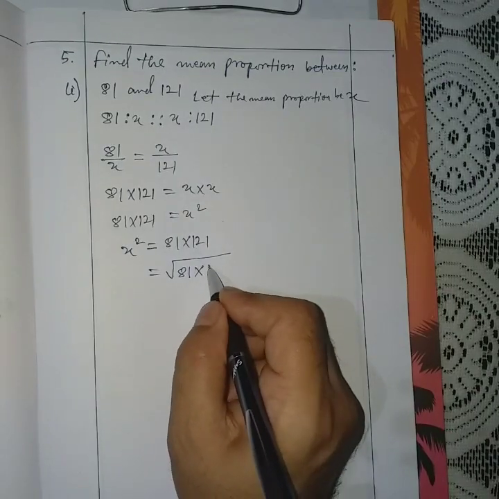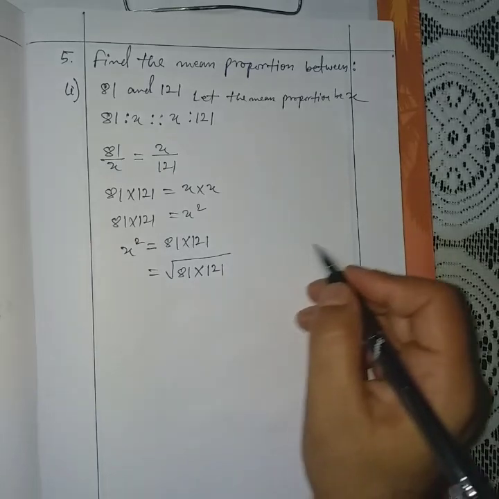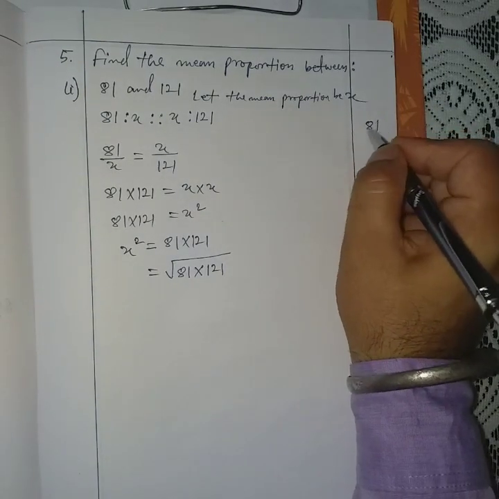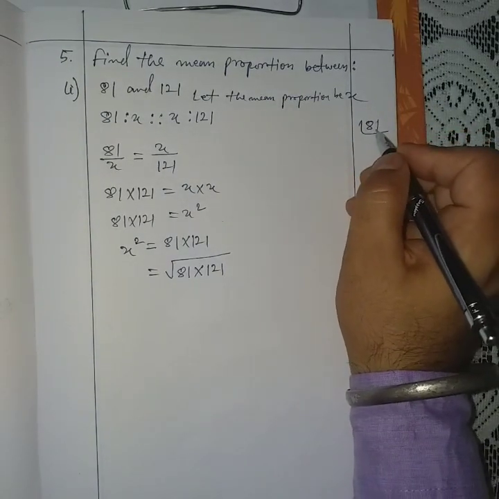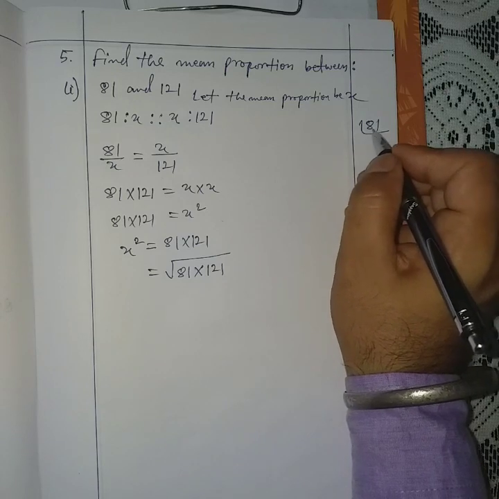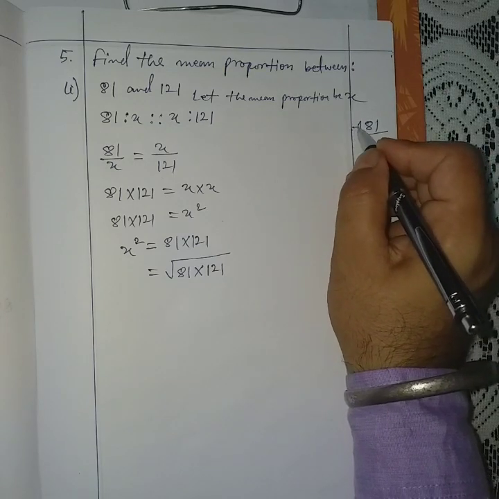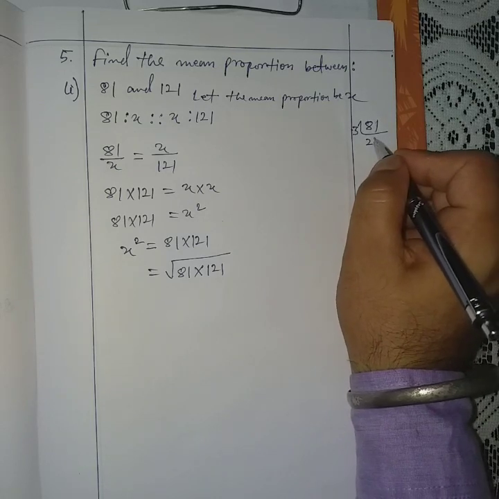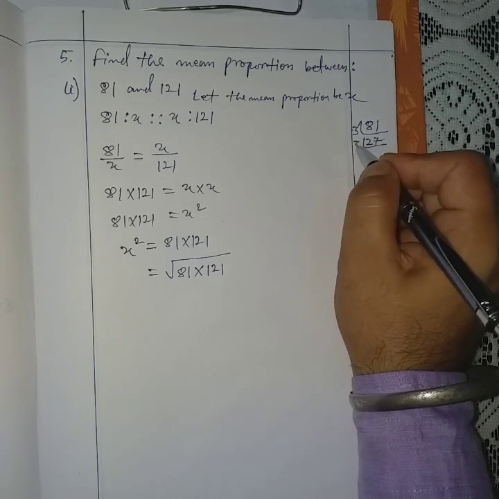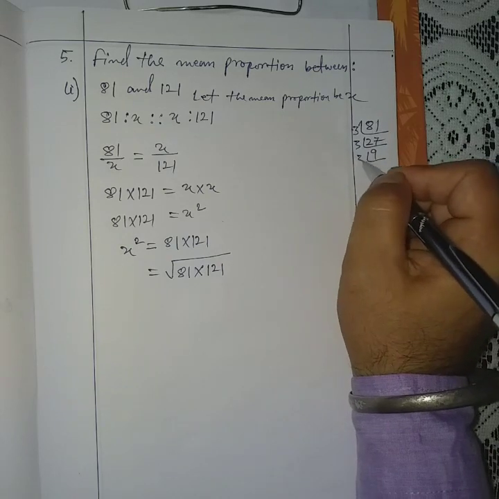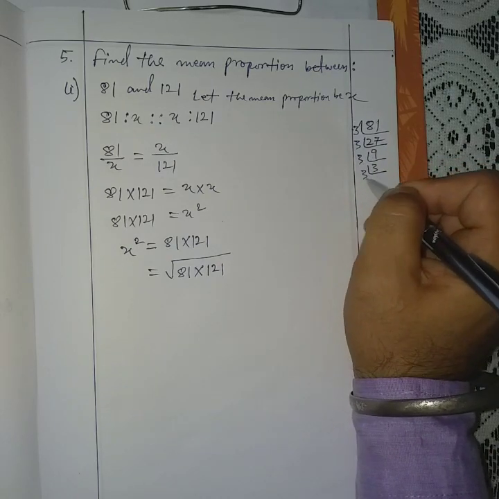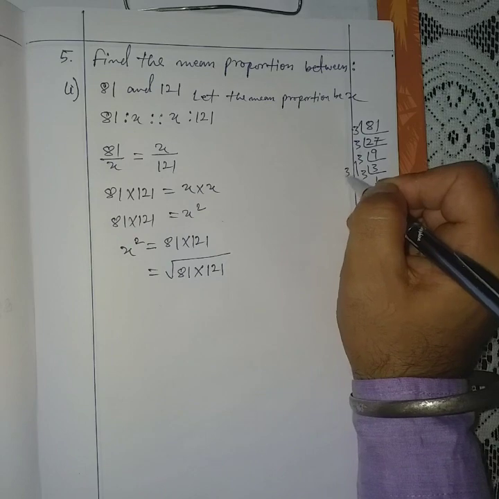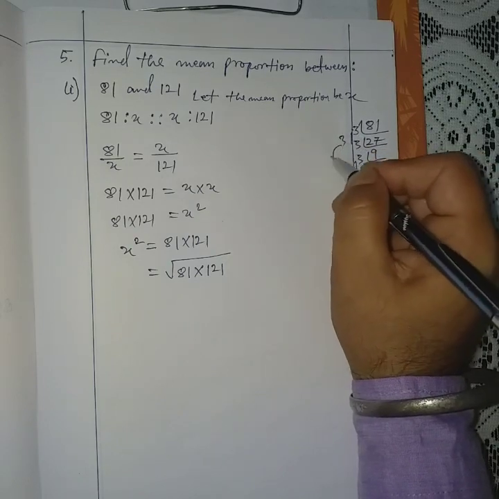Square root of 81 and 121 we have to find. 81 by 3 it goes, 3 9 is 27, 3 3 is 9.